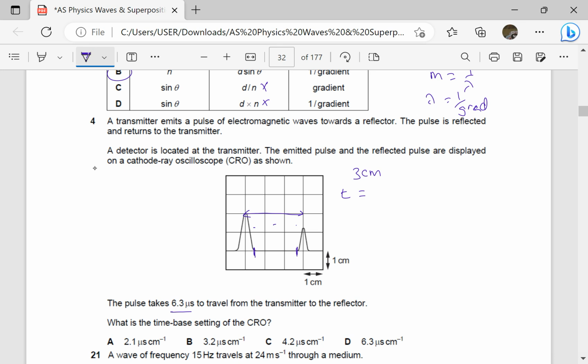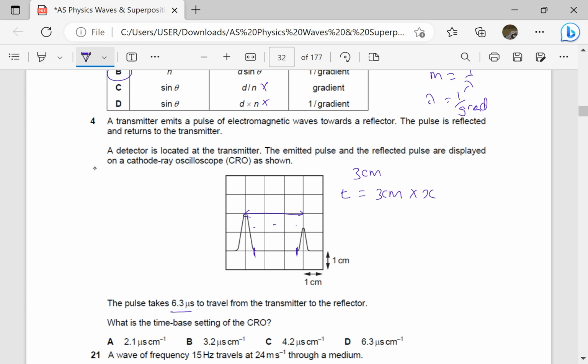Time between incident and reflected is going to be 3 centimeters times the time-base setting, which I'm calling x. But I said the pulse takes 6.3 microseconds to travel from the transmitter to the reflector. What is the time-base setting of this CRO?